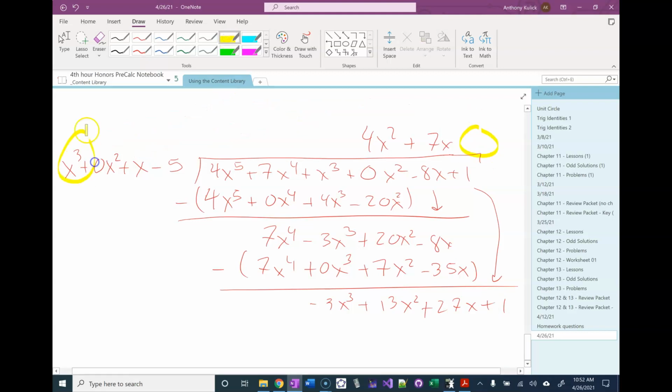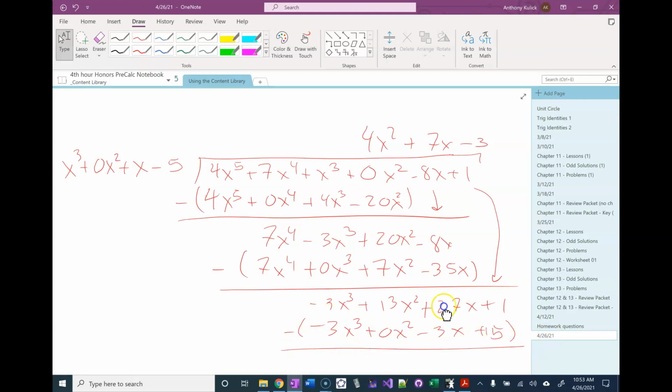What times x cubed gives me negative 3x cubed? That's negative 3. Then multiply all that: negative 3x cubed plus 0x squared minus 3x plus 15.